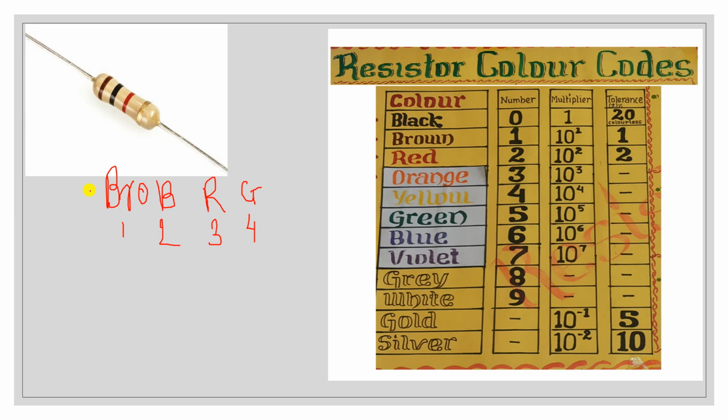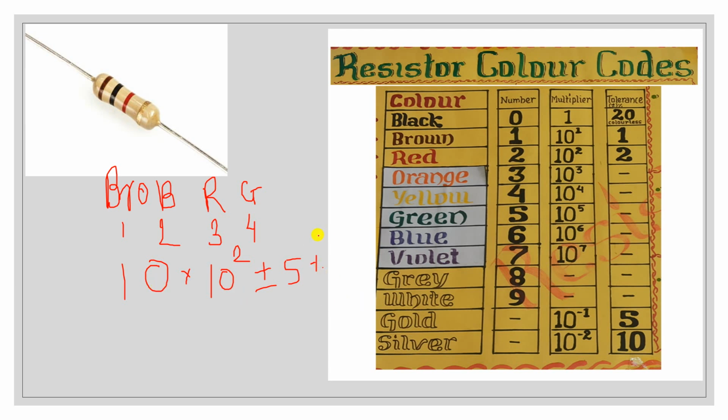Starting two colors act as digits. The first one is brown, so brown indicates 1. Black indicates 0. The third color acts as the multiplier. What is the multiplier of red? Red is 10 raised to 2. And for gold, the tolerance is plus minus 5%.